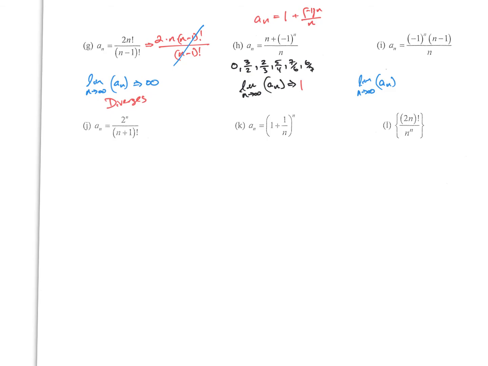This n minus 1 over n, what does that portion go to? That portion goes to 1. So what's happening is that we get a negative 1 and a 1. That's really what it's starting to do. So, does my limit to infinity exist here? No, that does not exist because this oscillates.